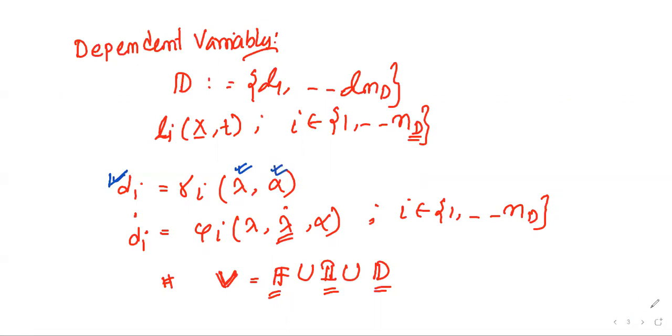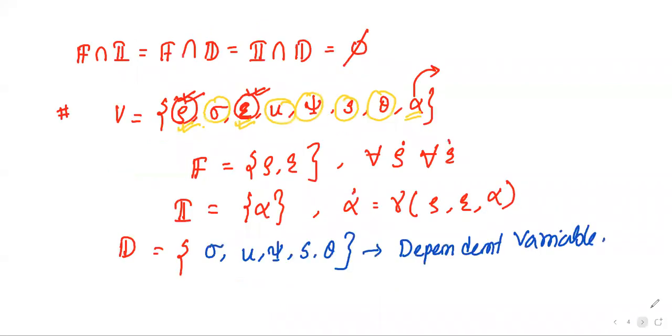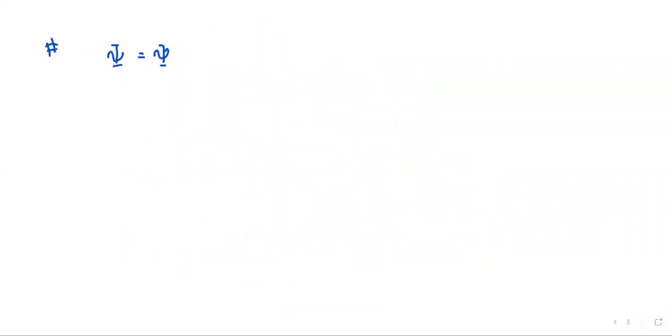So dependent variables are those that functionally depend on the free variable and the hidden variable. So psi is a dependent variable, so it is going to depend on our free variables rho and epsilon, and our hidden variable alpha.